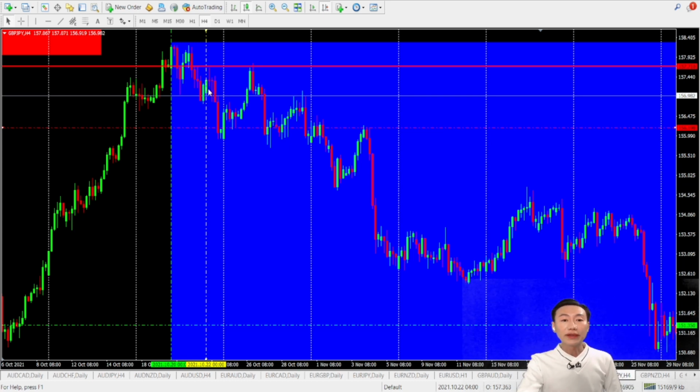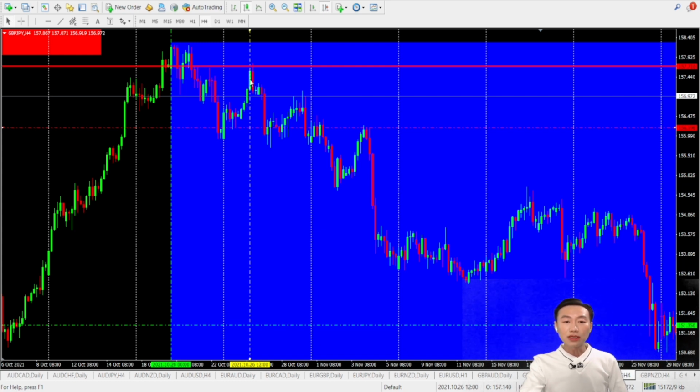When it's building up, it can go up again, but however in this case it starts to slide down, not much, and it starts to retrace. Can you see at this point of time, 2021, 26th of October, 1200 hours, this is actually coming back to test the previous resistance over here.